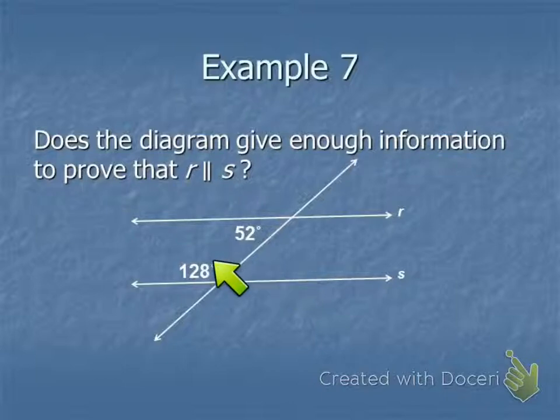What do I know about these two angles? What type of angles are they? Same side interior. If I want to show that those lines are parallel, what do I have to show is true about the same side interior angles?